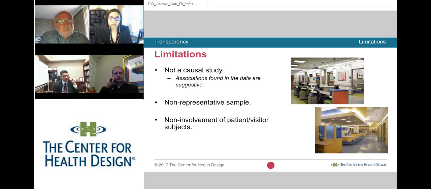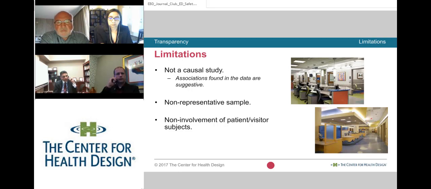But these are associations that we found in the data. What we don't know is how much each one of those physical design elements or attributes is affecting safety. So we don't know the magnitude of impact, but the data clearly shows the relationships.